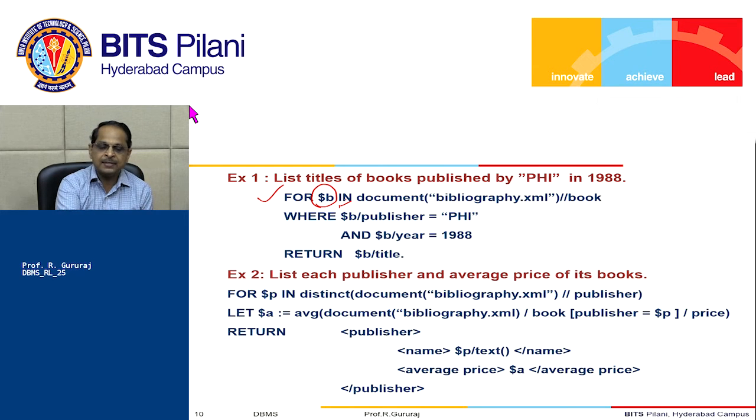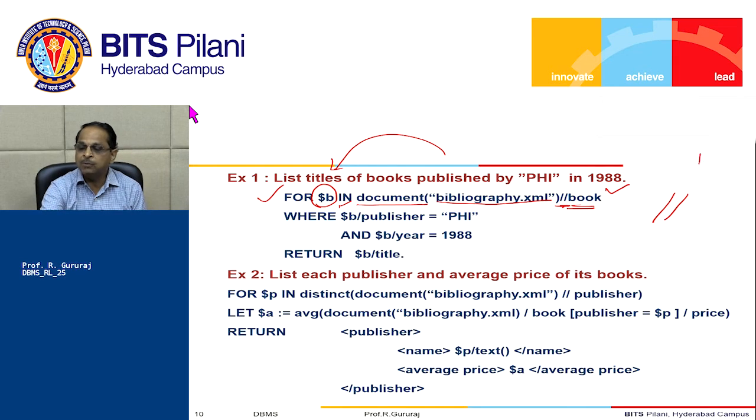This is the standard syntax. In the document, what is the document? Bibliography.xml. The // indicates descendants of the root node, anywhere in the document. So book is a descendant of the root node, and I collect all the book elements and bind them to $b.